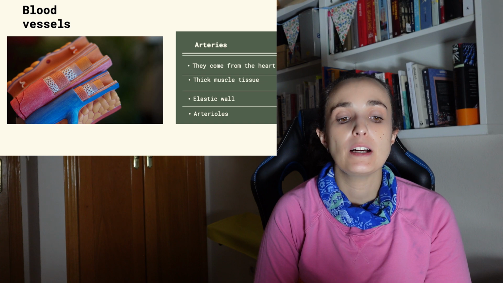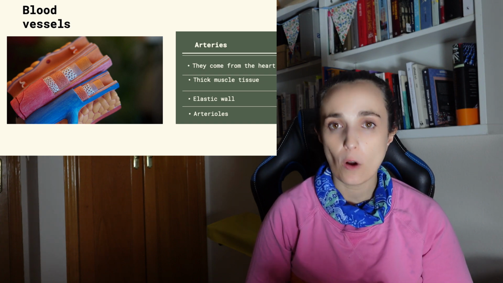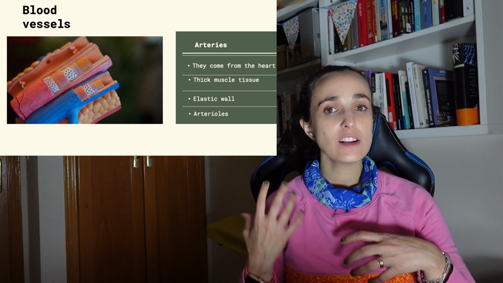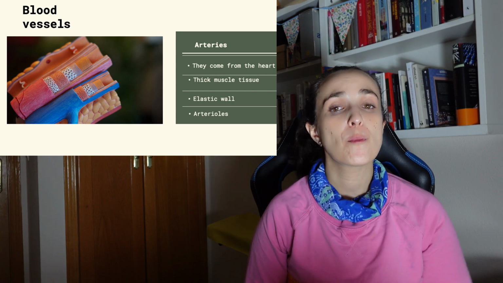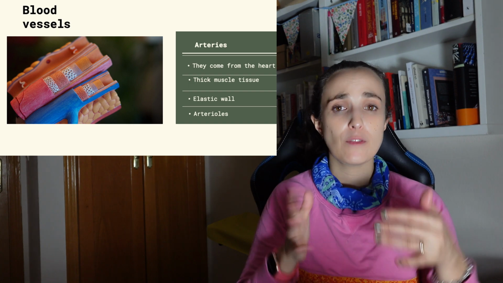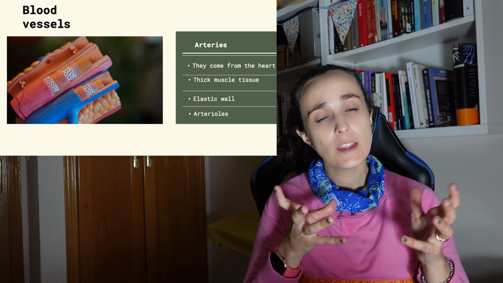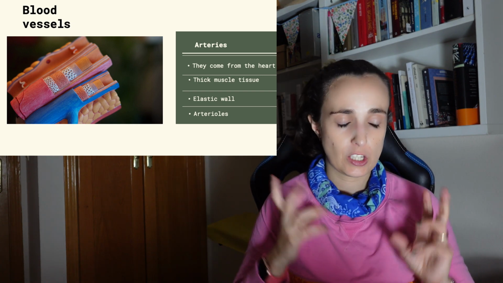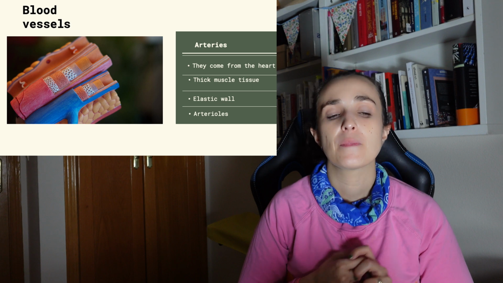And they have strong walls. Why? Because when the heart pumps the blood, the arteries receive that blood with a lot of pressure and they can't change shape. If the arteries deform, we lose speed and strength in our blood, okay?